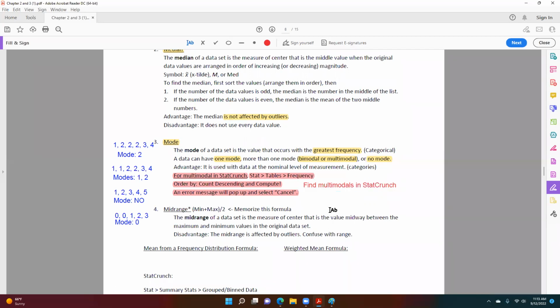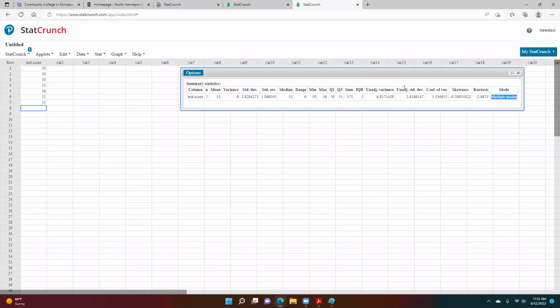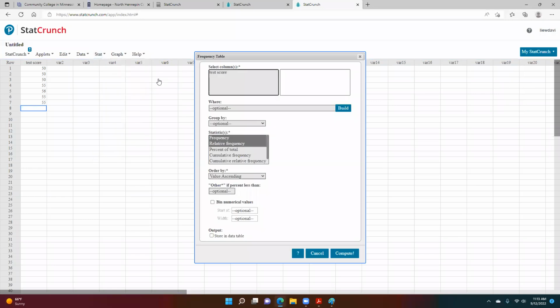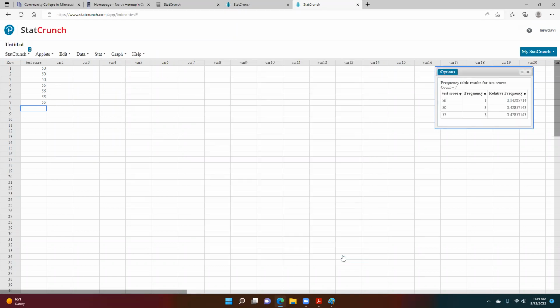Okay, in order for you to find out if you have multi-modal data like what we see here, what you need to do, class, is go under Stat, Tables, and Frequency. Select the test score, which is the one we have, and then order by the count ascending or count descending, it doesn't matter. And then you hit compute.